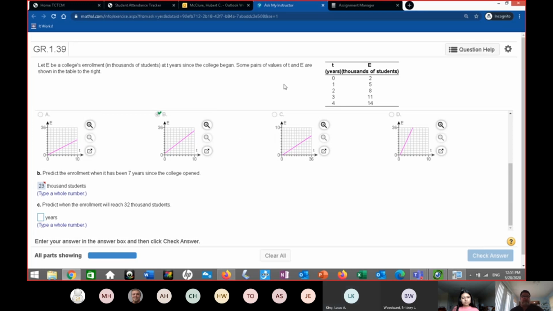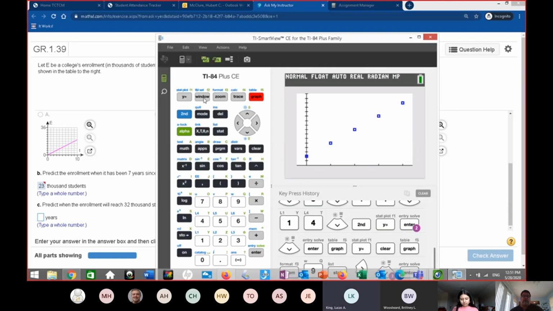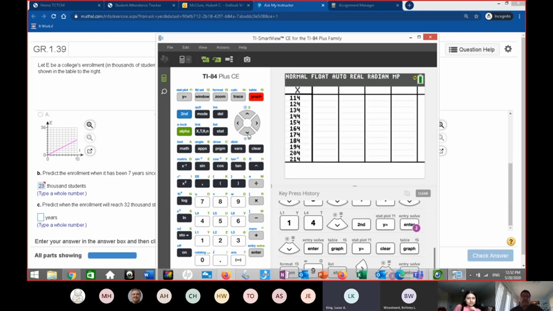So this is another trick on the calculator. Take your calculator and go to window or table, second graph. Oops, I don't know why it's doing that. I got it set different. Hold on, second table set.